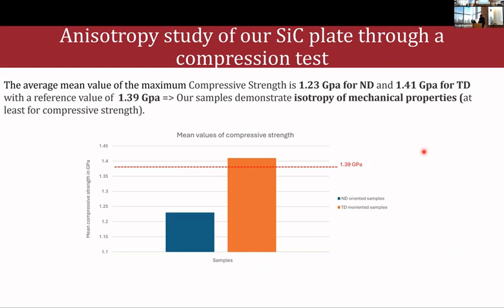For the compression test, in terms of the anisotropy study, as I said, we conducted compression tests with around 30 samples, 15 per direction. For the samples following the normal direction, we had a mean value of the maximum compressive strength around 1.23 gigapascal.